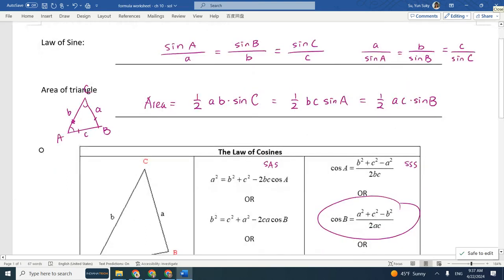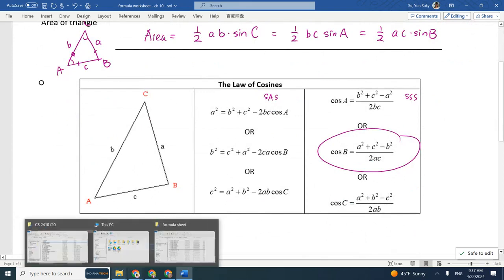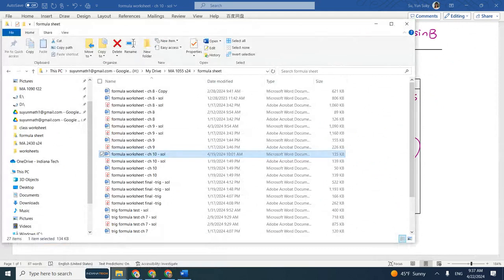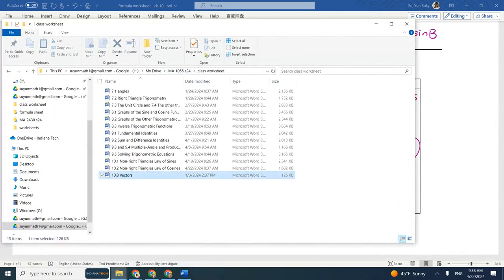The next topic is going to be our last session of this course, the 10.8 vectors. Do you have 10.8 worksheets? Yes? No?